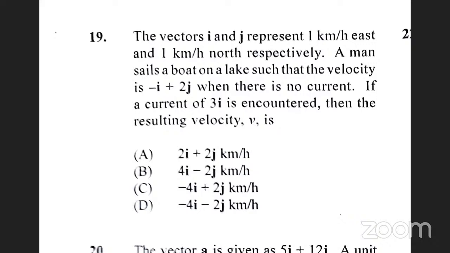Just add. How do you add vectors? To add vectors, you add the i's and you add the j's. Just add the i's together and add the j's together, and you get your answer.